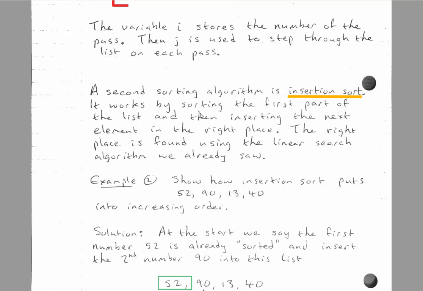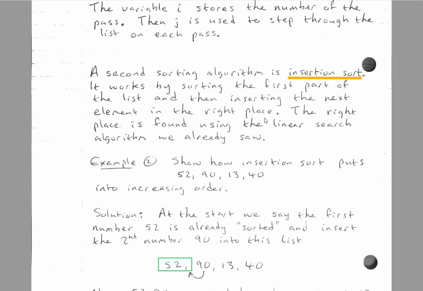And the way this one works is by first sorting the first part of the list, and then looking at the next number in the list, and then putting it in the right place in the part of the list that's already sorted. And how do you find the right place? Well, that's just using a simple linear search, just comparing the new element with each element in the list starting at the beginning.